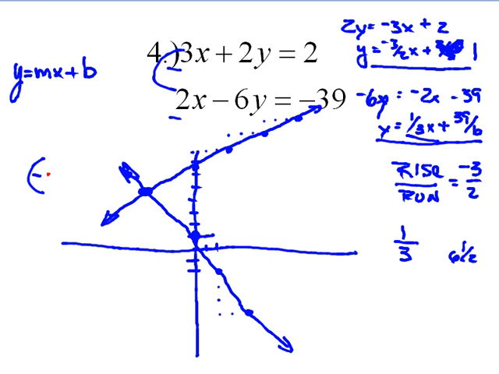And that point is -3 and 11/2. If you put in -3 and 11/2, you will come out with 0. If you put in -3 and 11/2, you will come out with -39. This is the point that solves these two equations.